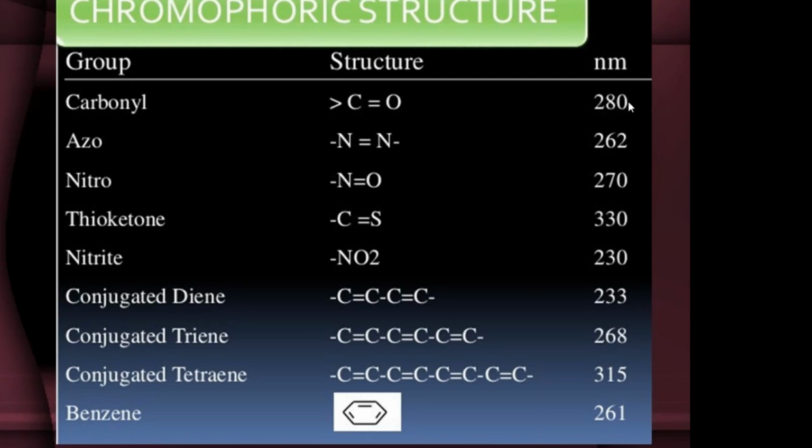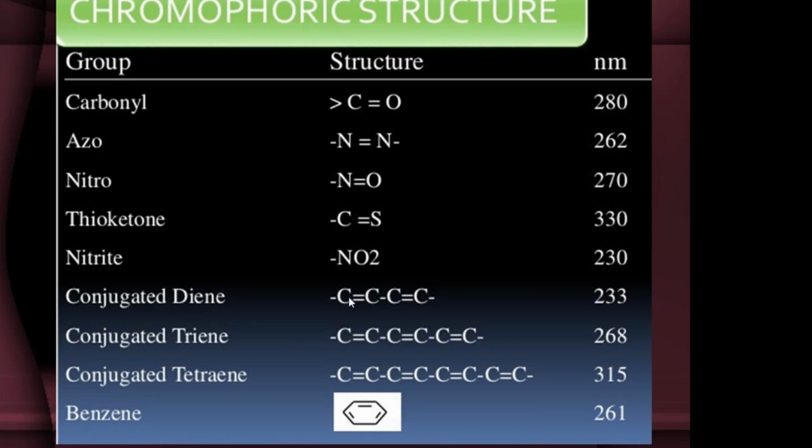The carbonyl group will show absorption at 280. The azo group at 262. Nitro group at 270. Benzene or the phenyl nucleus at 261. Similarly, you have the nitrite group at 230. Then you have the thioketone at 330.